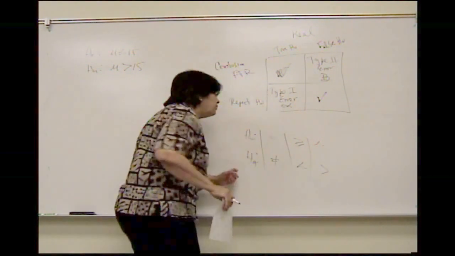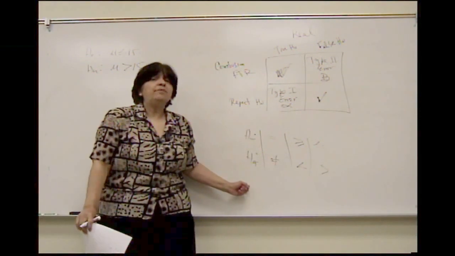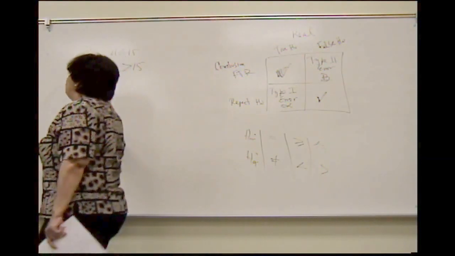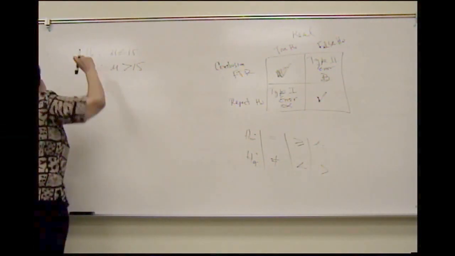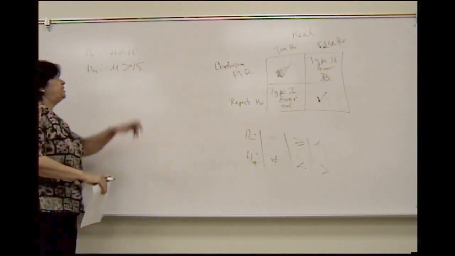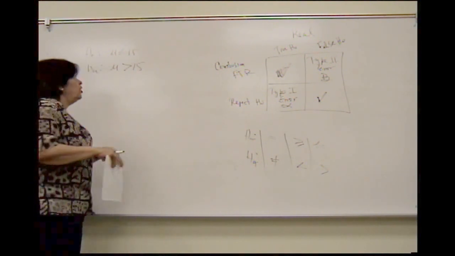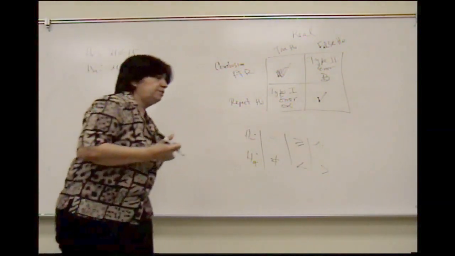And these are the only three situations that you can have in hypothesis testing. Okay, so if it's a claim, it goes in the null hypothesis, because what you really need to prove is the opposite of the claim. If this is a research question, you put it in the alternative hypothesis.